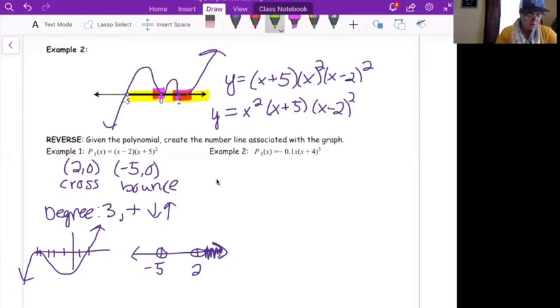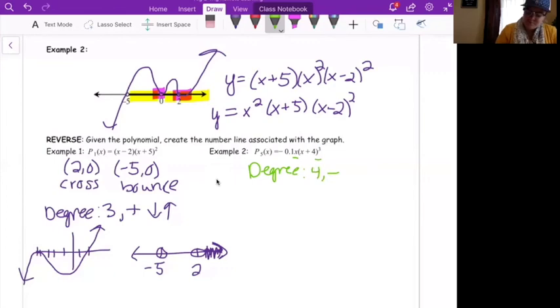Okay, so then for this next one, the negative 0.1 only tells us that it's going to be a negative orientation. And so our degree, because we have this x and then the x cubed, would be 4 with a negative orientation.